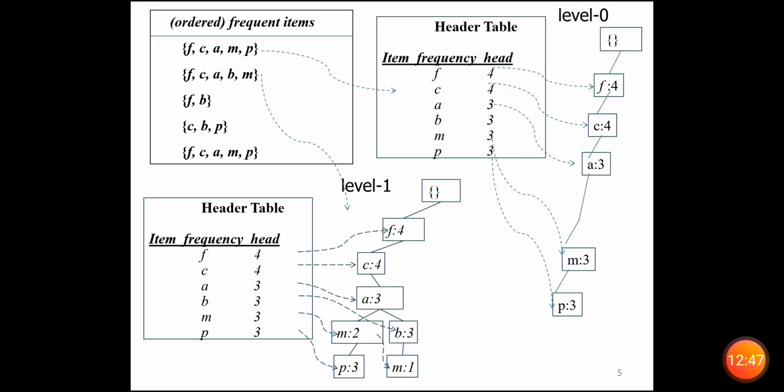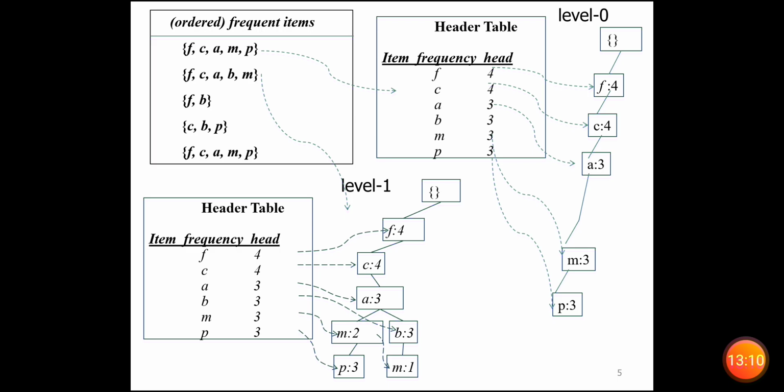Now we will take M in the ordered frequent item table. In the first transaction, M is available, so the support count for M is 3, which is already given in the level 0 tree shape. Now the second transaction also has the M item.